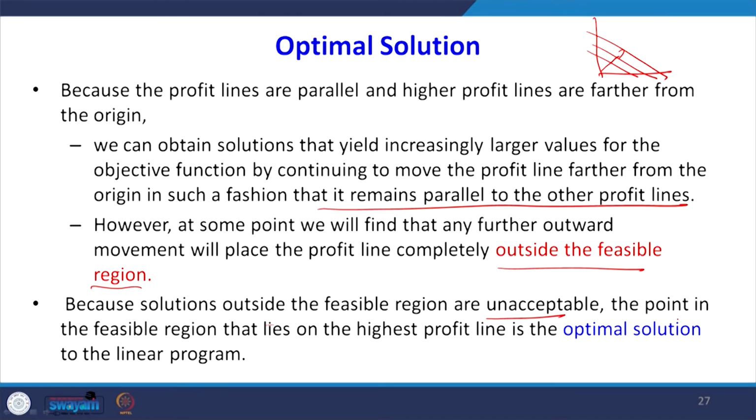The point in the feasible region that lies on the highest profit line is the optimal solution. So, what we have to do is draw different objective function lines and keep moving away from the origin. At a particular point, the value will be highest. That corresponding point is your optimal solution.